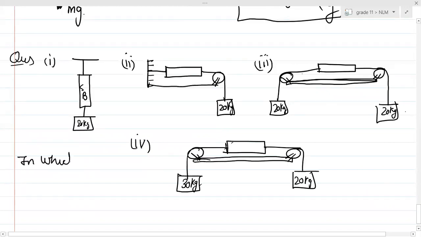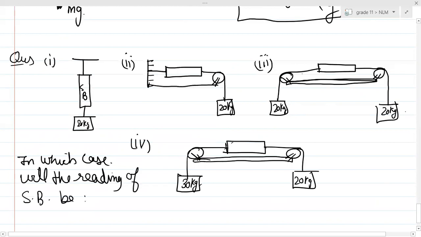In which case will the reading of the spring balance be maximum? Basically, you need to find out the tension reading in every case. So it's just one question which comprises 4 questions. Are you getting my point, guys?